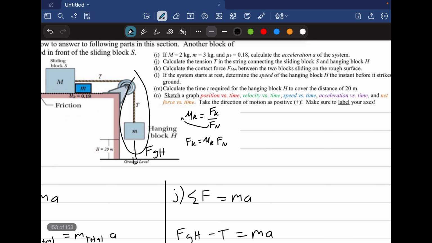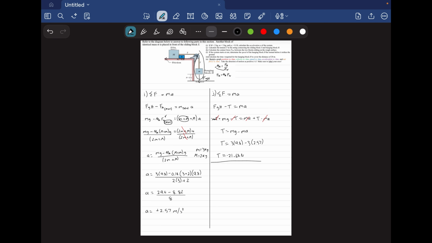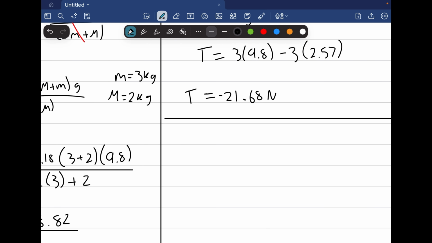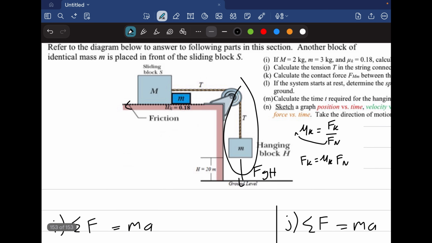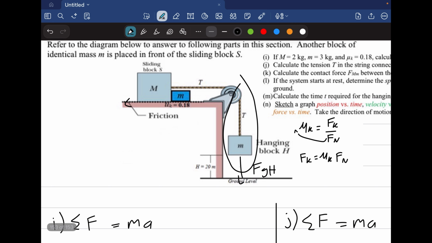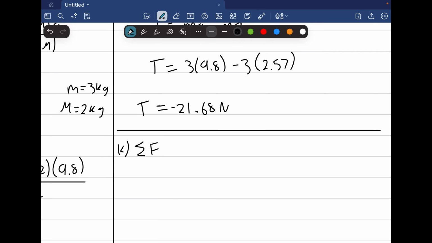So now part K wants the contact force F, capital M, lowercase m. So I'll do it right here. So K, right. So I'll look at this small dark blue block right here. So rewrite second law.